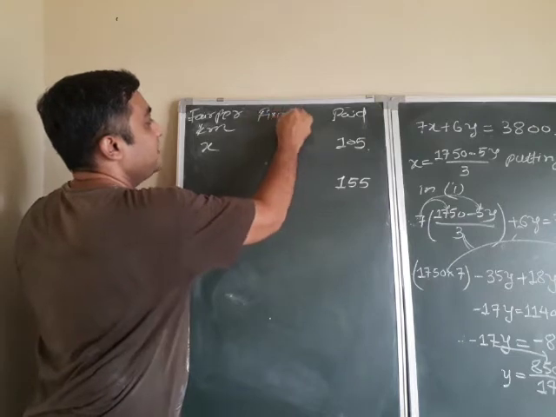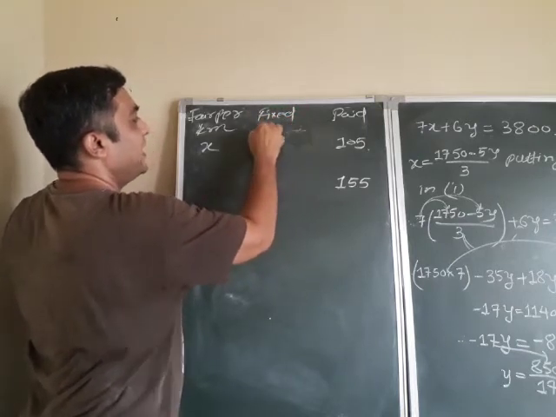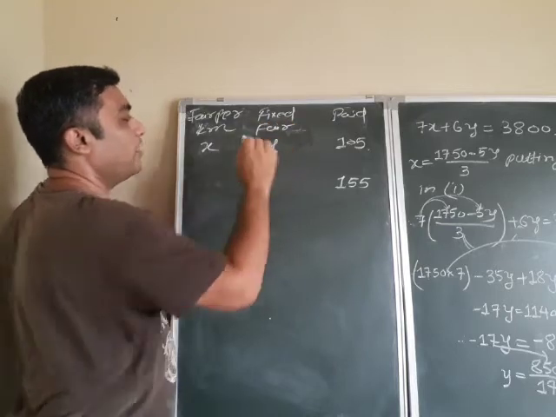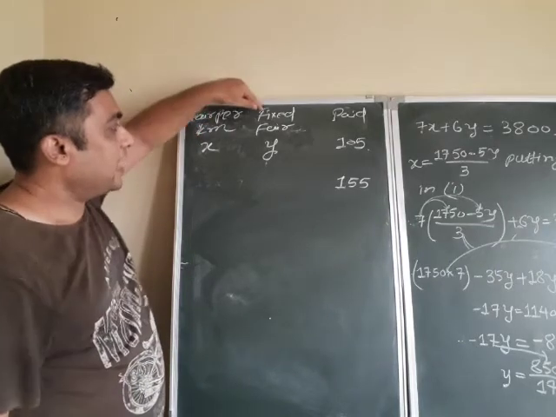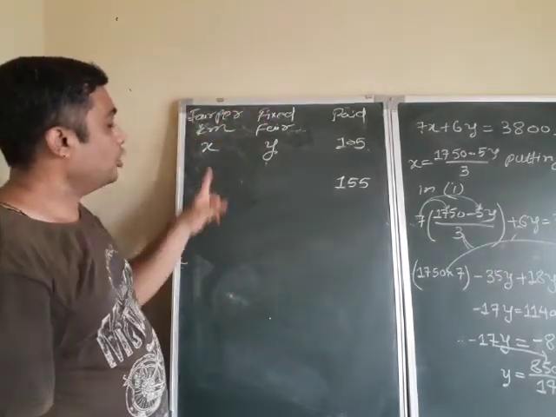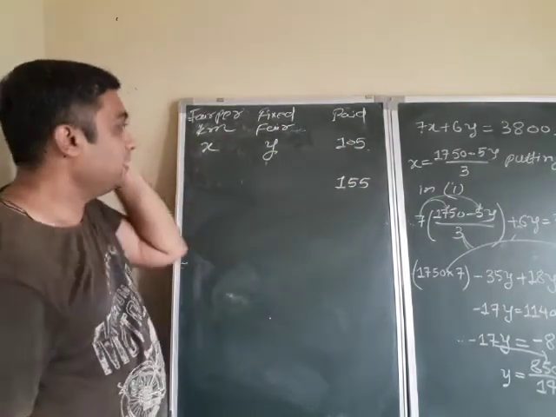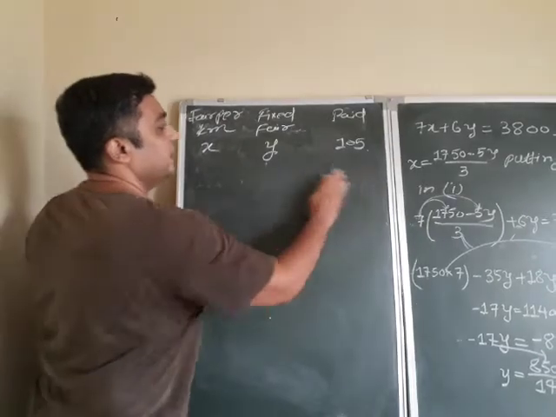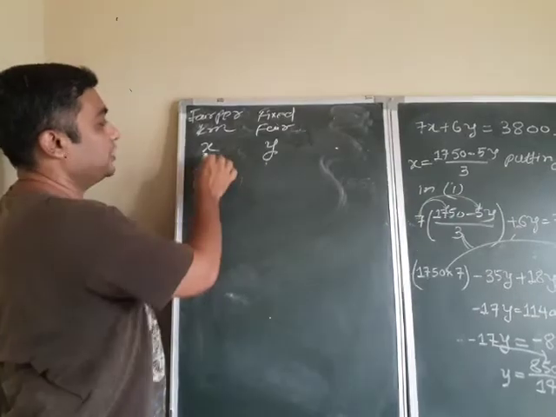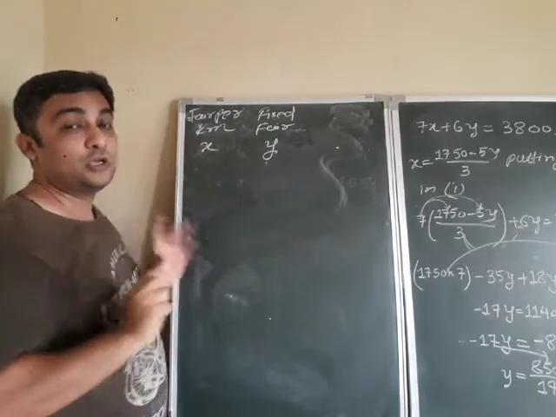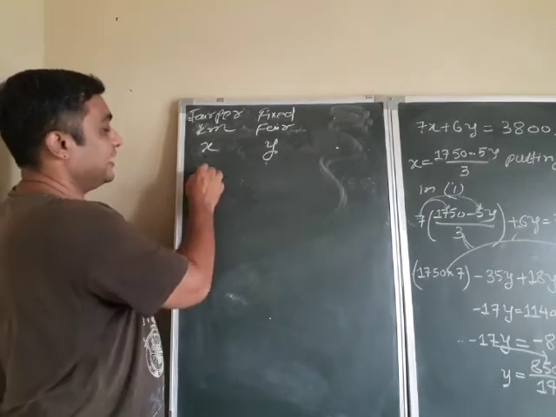And I say fixed charge, as I told you, fixed fare, that is Y rupees. So fare per kilometer is X rupees, and fixed fare is Y rupees. Your total cost is not simply X plus Y, because it depends on how many kilometers you travel. For a journey of 10 km, per kilometer it is X rupees, so the charge is 10X.